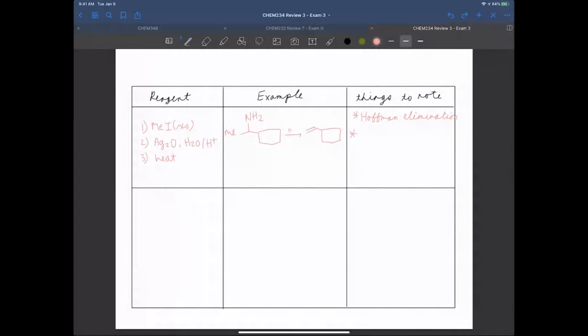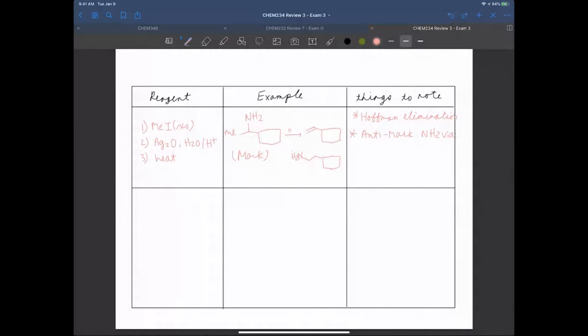So if what I have right now, this amine right here, is Markovnikov, and I wanted to make it anti-Markovnikov, for example, if I wanted this product, so I changed the Markovnikov to the anti-Markovnikov position, this is what I'm going to do.